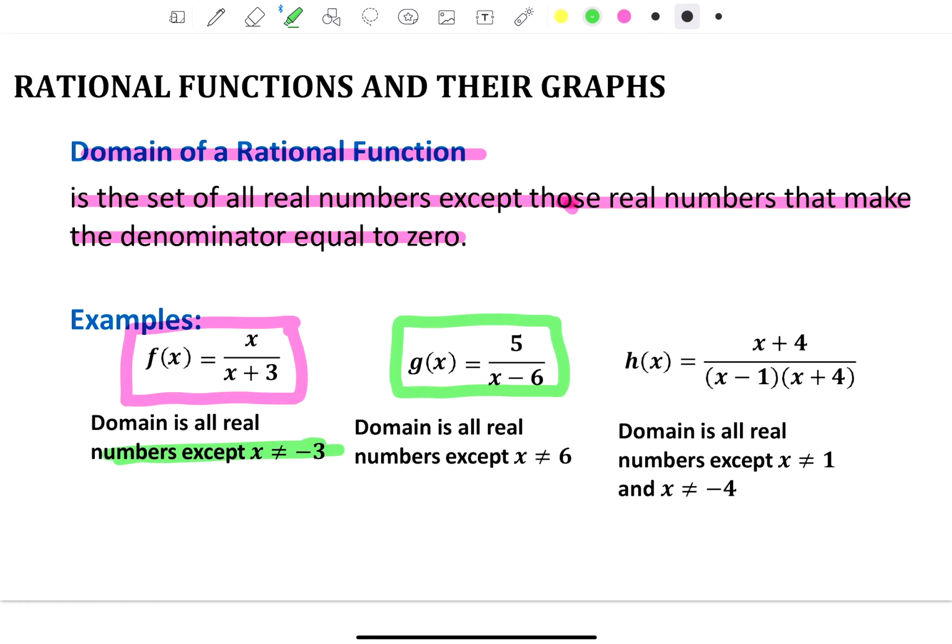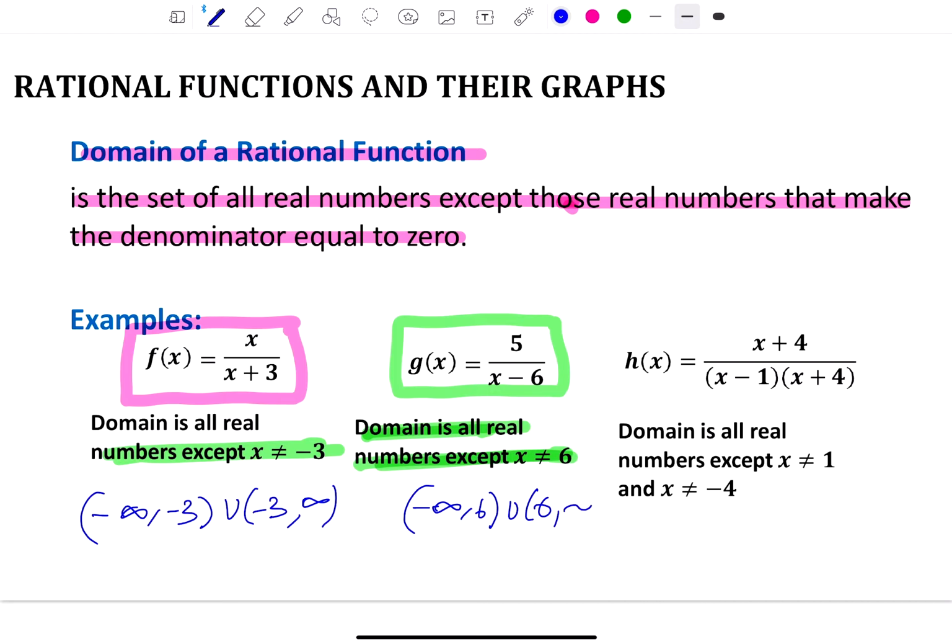Next example, x equals 6 will make the denominator 0, so we have to exclude that. If we were to write the domain in interval notation, it would be negative infinity to negative 3 union negative 3 to infinity. For the second example, negative infinity to 6 union 6 to infinity.